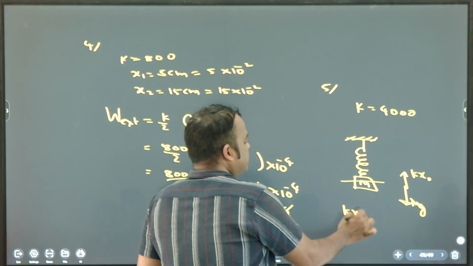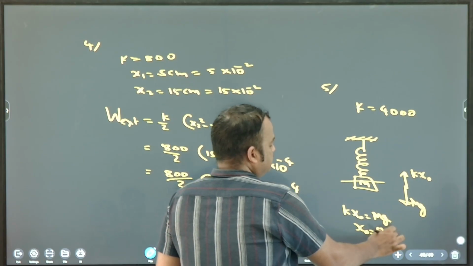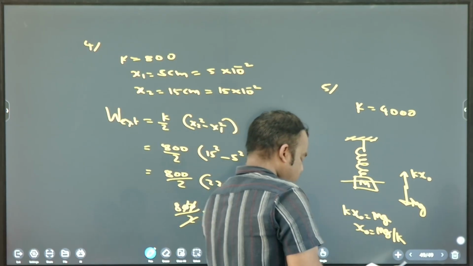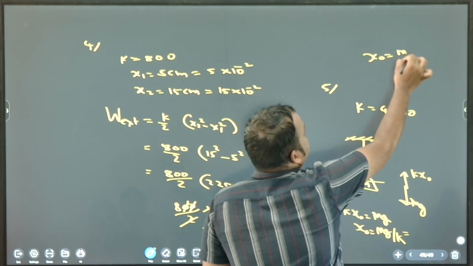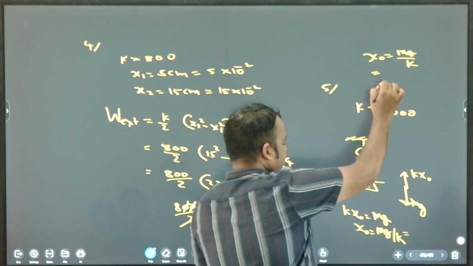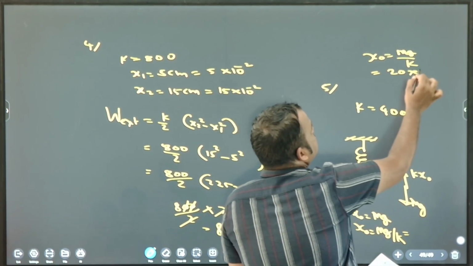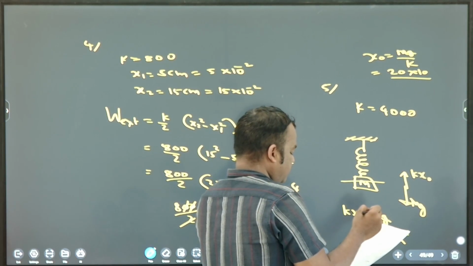So kx naught equals mg, so x naught is mg by k. The mass is given as 20, so 20 g by k, which is 4000.